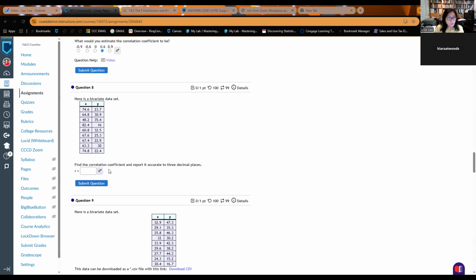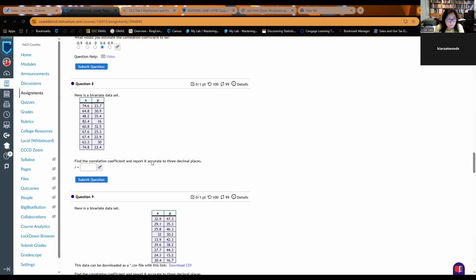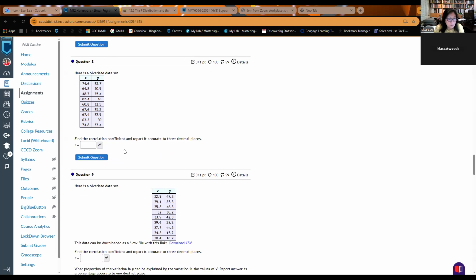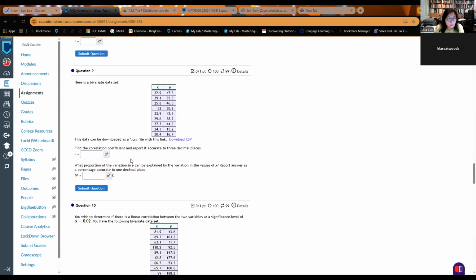And number 8, I think it's the same thing. It just asks you to find the correlation coefficient. So you can use the method I showed you earlier, and just answer about the R. And number 9 looks like the same thing again, but they have one additional question here: R square. And remember, R square is the coefficient of determination.